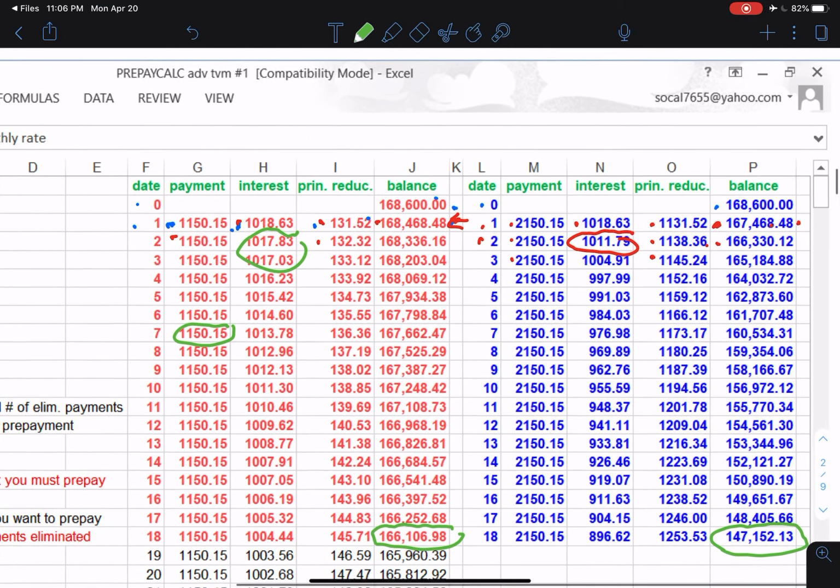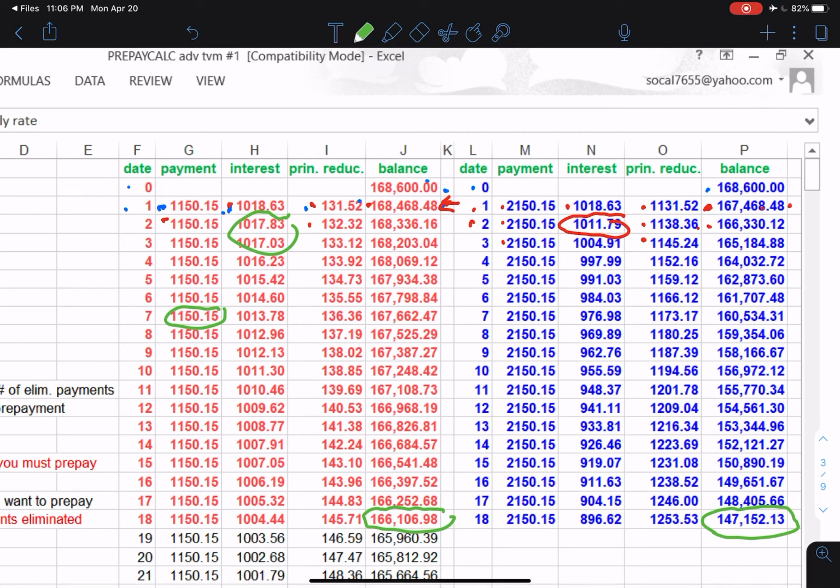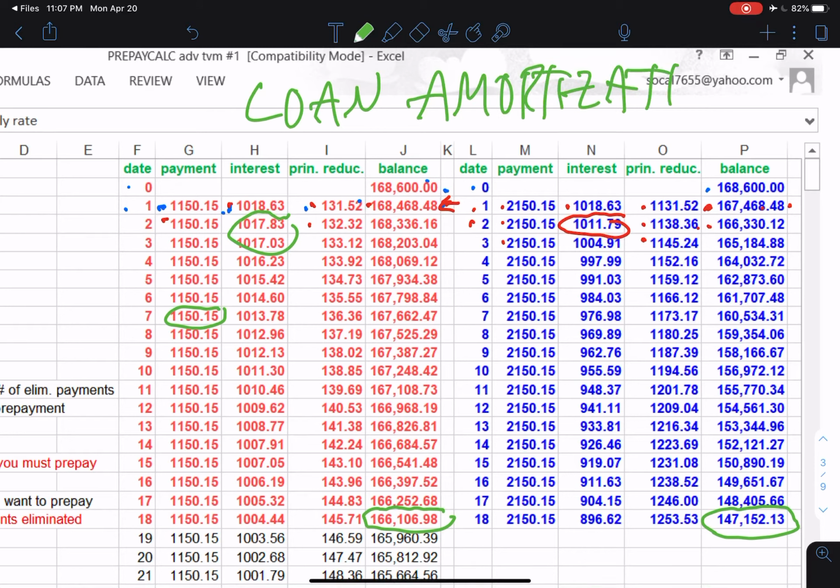So again, this sheet here is showing you a loan amortization schedule. Sometimes it might be referred to as a loan amortization table, but it has the columns.